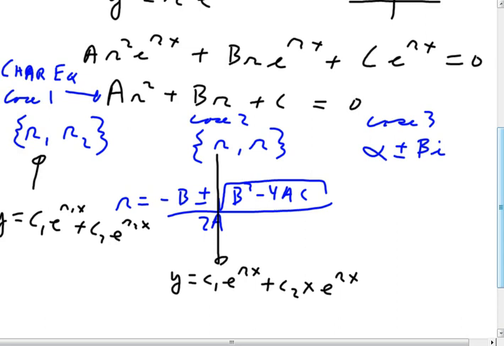If I have an imaginary number as my answer, then my answer becomes y is going to be e to the alpha x times C1 cosine beta x plus C2 sine beta x.